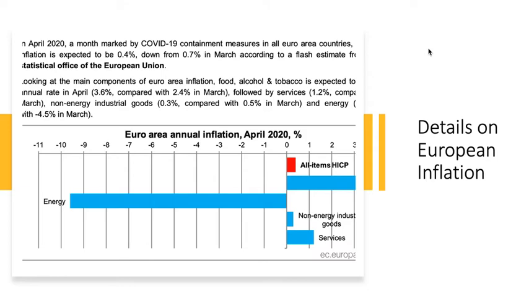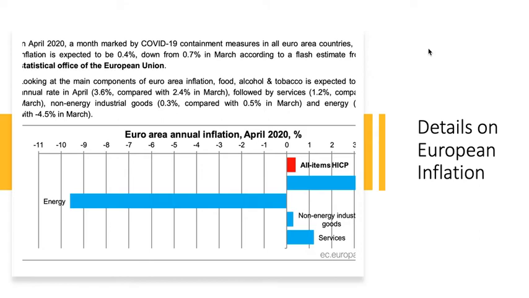But as you can see, that's a net figure of a variety of measures. And there is a gigantic decrease, over 9% decrease in energy costs during the month of April.